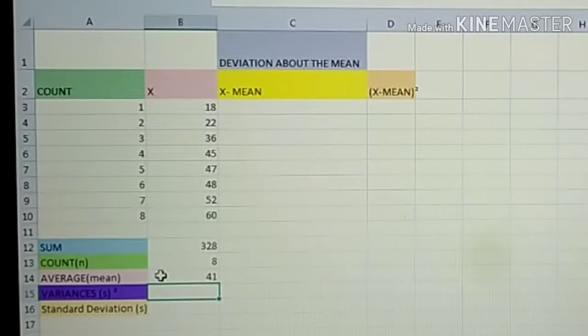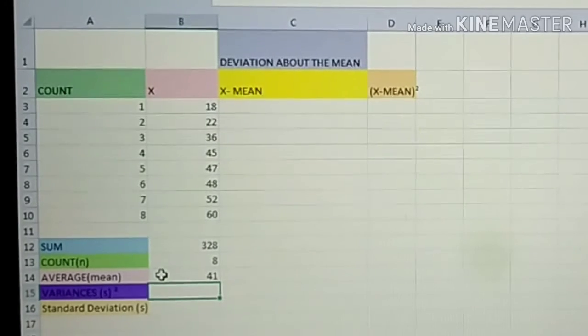So, to get the answer of x minus mean, we will input this formula here.